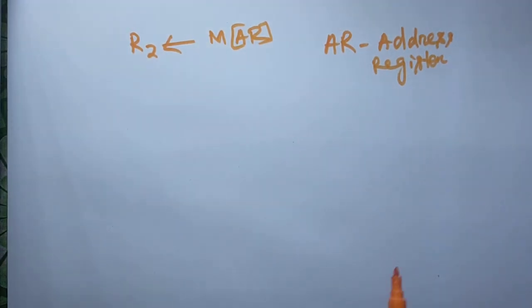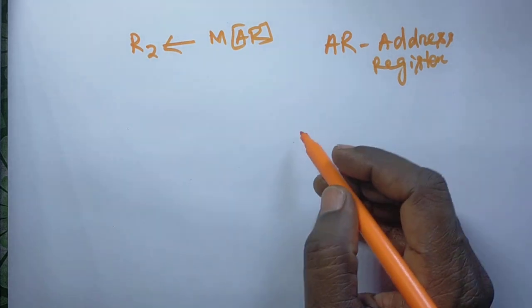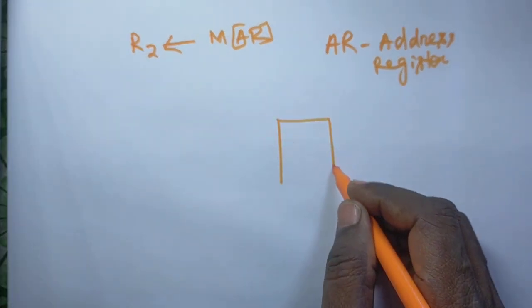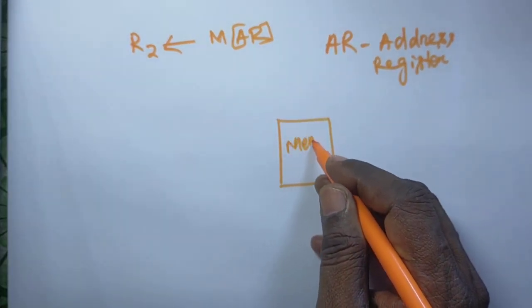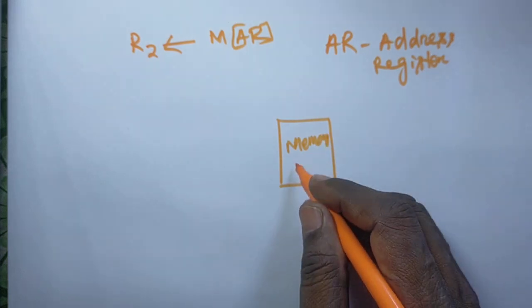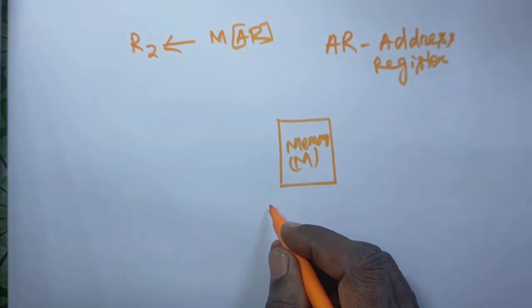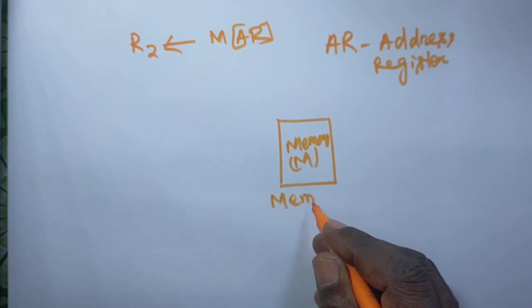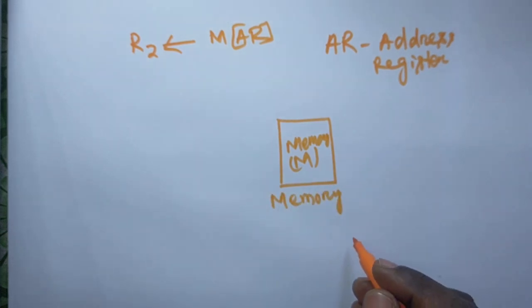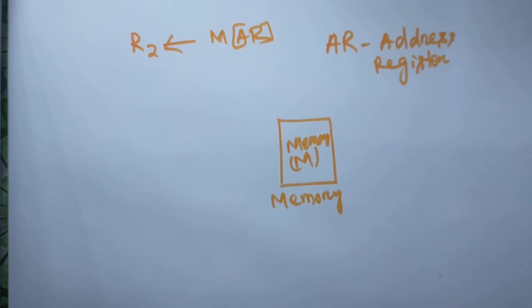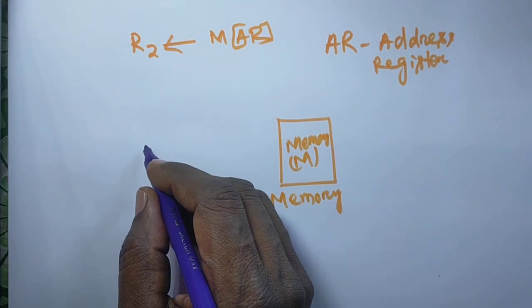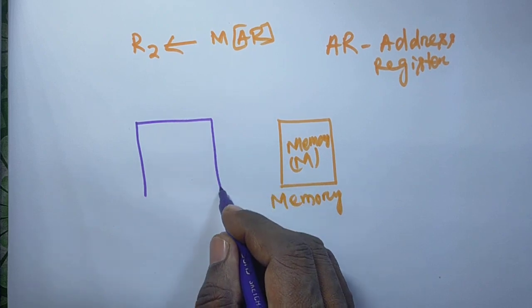Okay, I will tell you a very simple example, then we can understand how it is defined, or which kind of operation we will consider for memory. Suppose here is a memory, M, and another part here is a register.